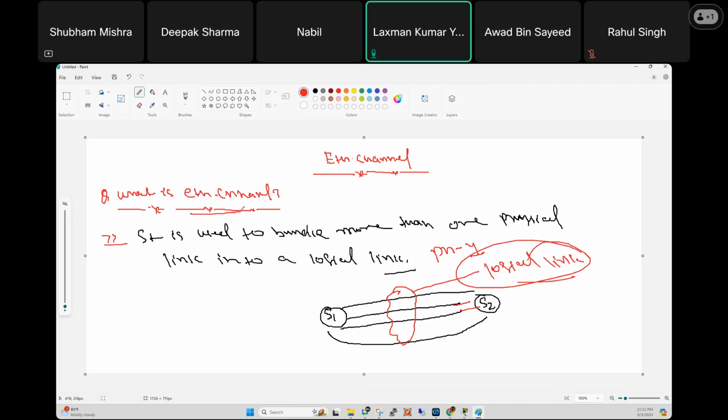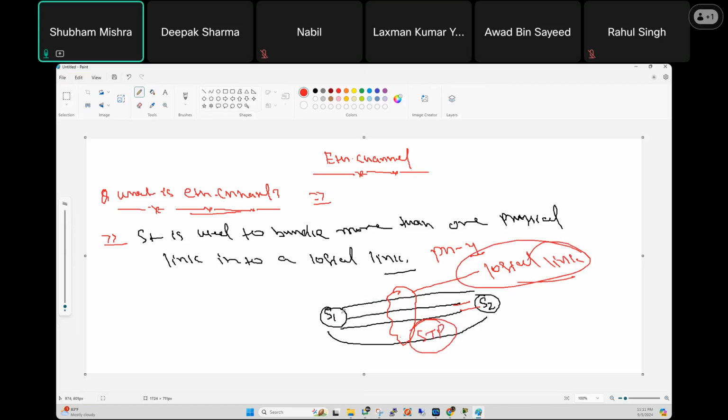EtherChannel. That is EtherChannel. Clear, everyone? Aggregation. It means we can say one thing. If we have 2 switches and we connect multiple links here, by default what is running here, guys?